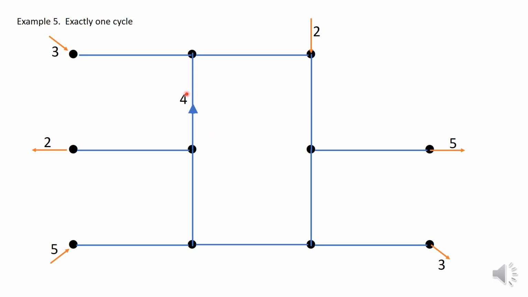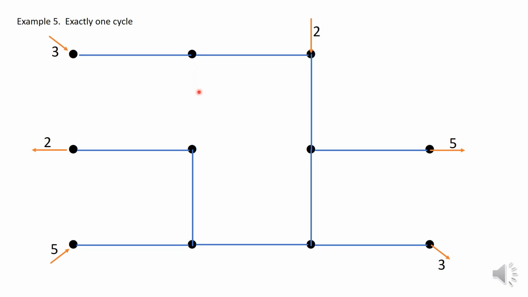But what if we could measure the flow along one branch of the cycle? Suppose we have some meter that can measure the flow along this branch, and we measure the flow along this branch to be 4. In a case like that, we can solve uniquely for all the flows in the branches. So for this branch that we measured, we know it has a flow of 4.